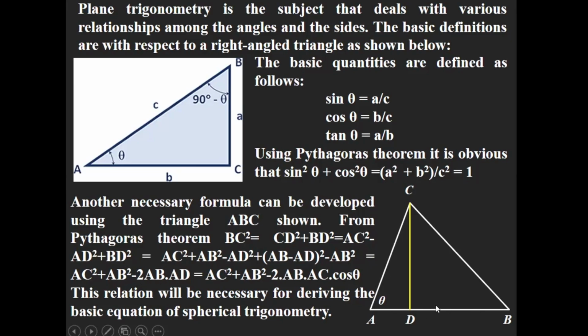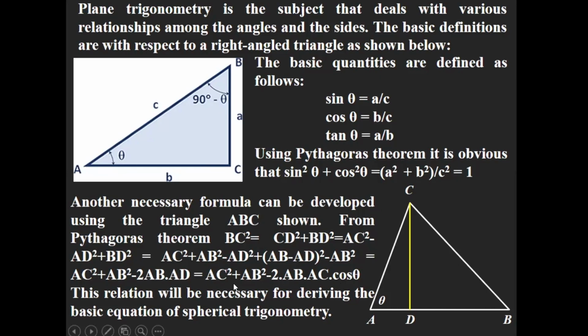Now, AD is again, you can see, nothing but AC cosine theta by definition here. So this is nothing but AC cosine theta. So this becomes therefore finally AC square plus AB square minus 2AB into AC into cosine theta.